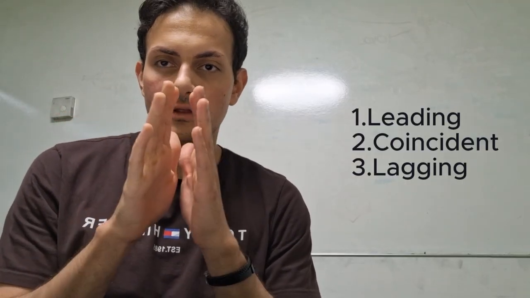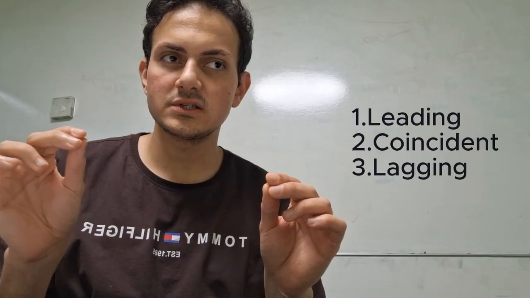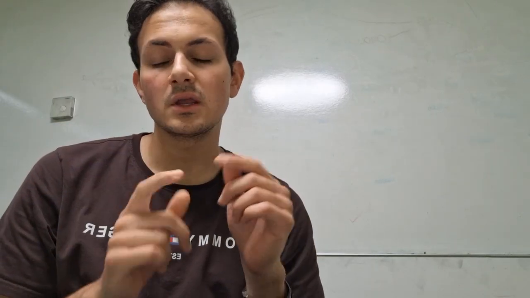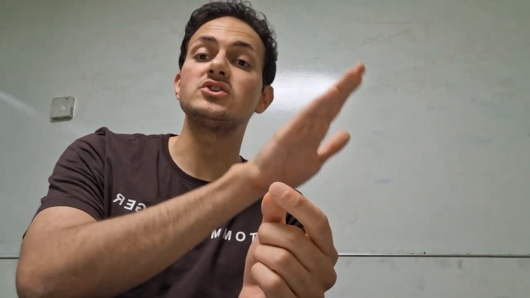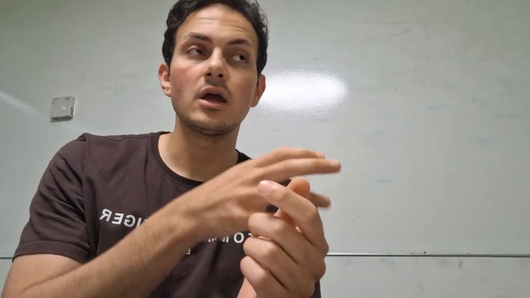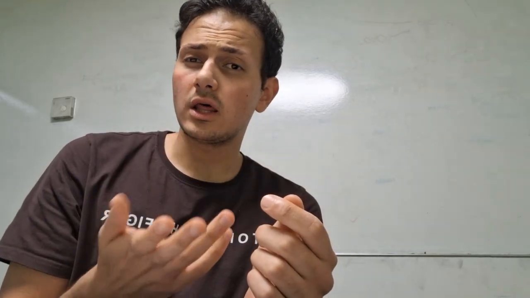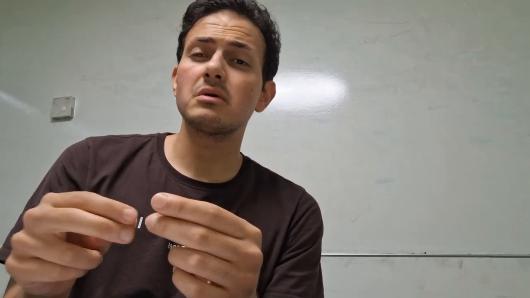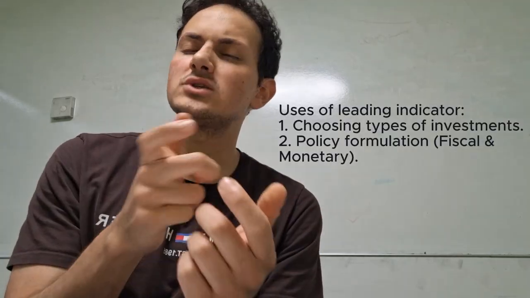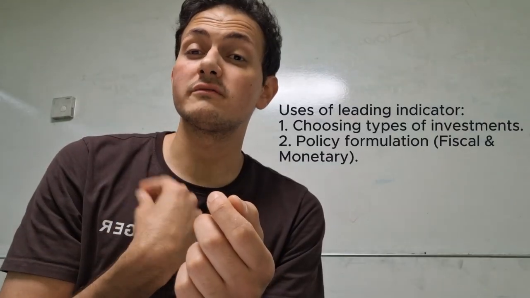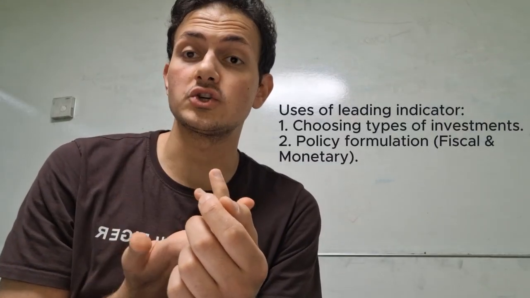Basically, the difference is that the leading indicator gives you a signal that precedes the GDP movement. What is the time frame? Some people say 4 months, some people say 6 months, some others say 10 months. It's used more for investments and for policy formulation.